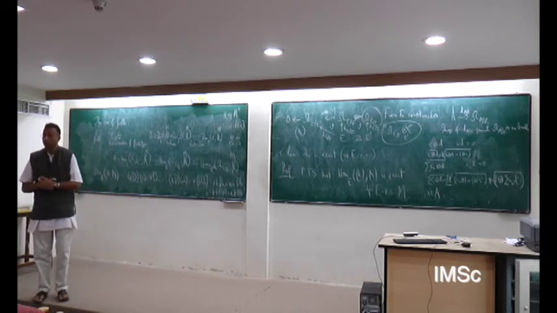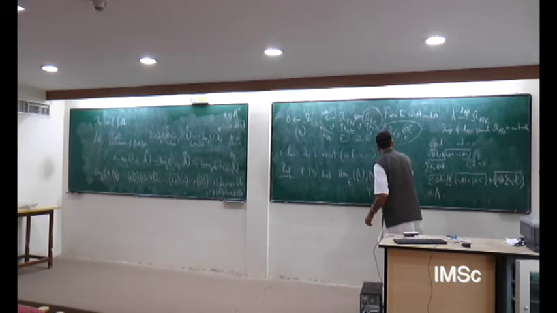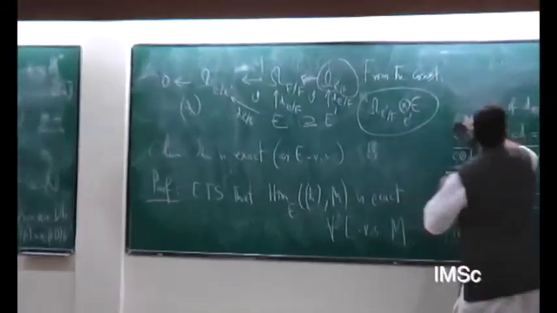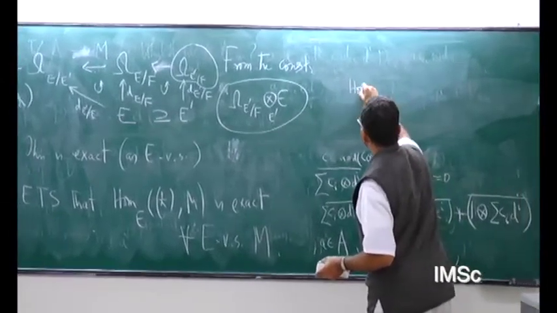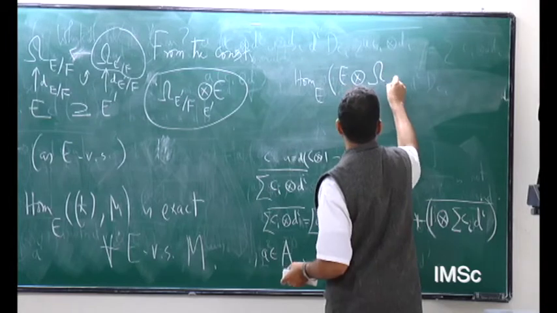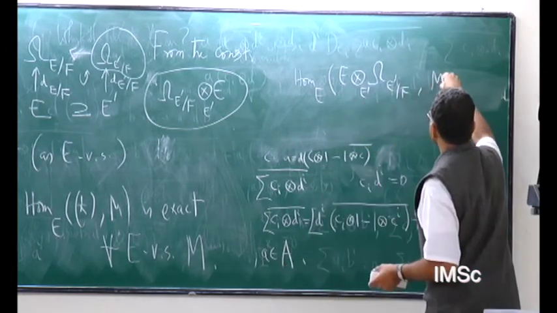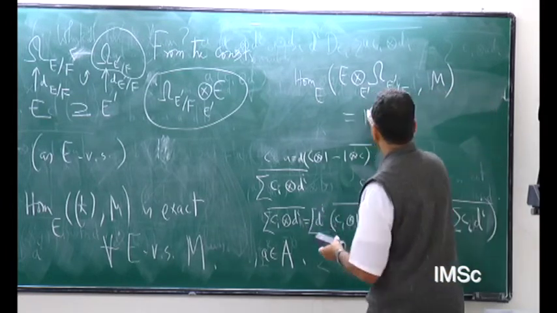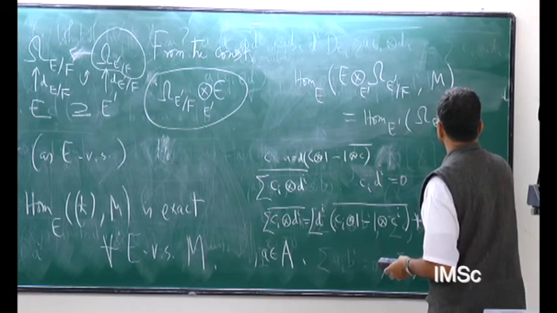Right, good question. Now, in this thing that I wrote, here is another exercise. Hom E of E tensor omega E prime over F to M as an E module is equal to hom E prime of omega E prime over F to M. Good.